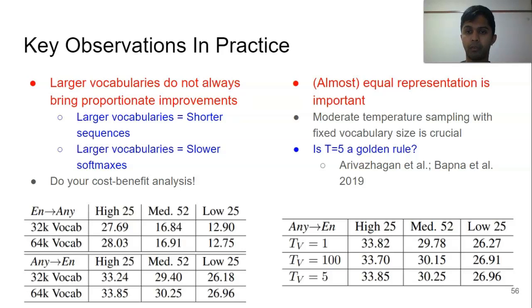If you look at the table on the bottom right, it shows that if you do not use any high temperature for sampling, then you do get some reasonable translation quality for high, medium, and low resource translation. But when you use some reasonable temperature for sampling, then the translation quality for high, middle, as well as low resource languages improves by a reasonable amount.